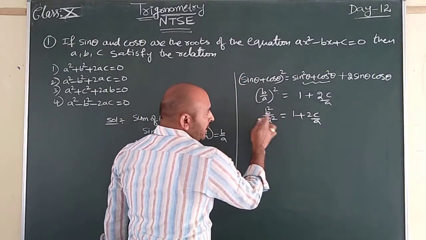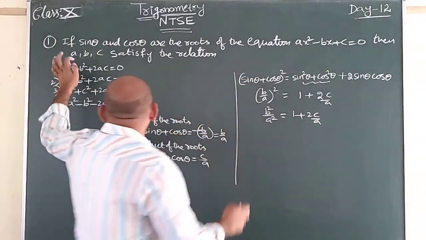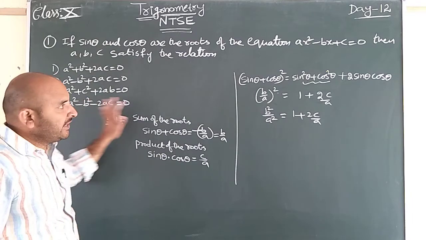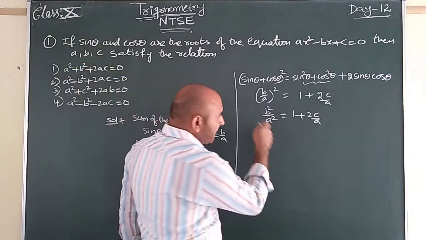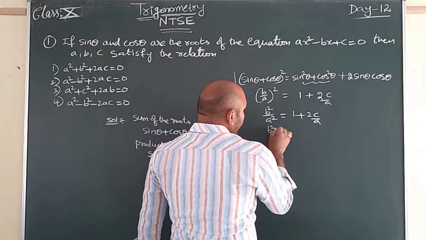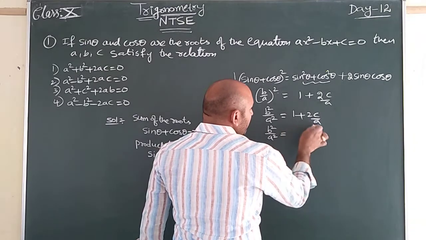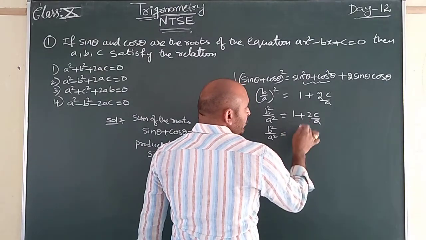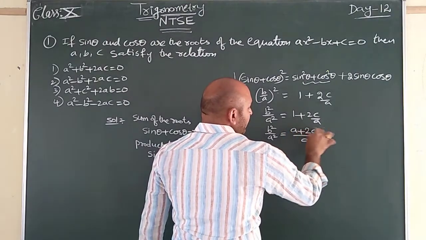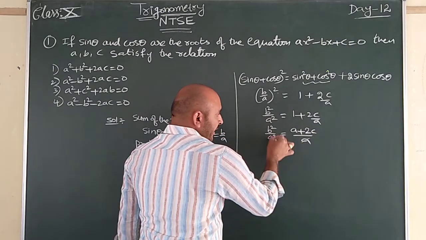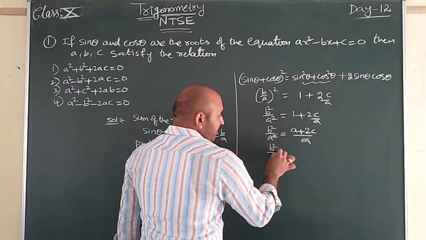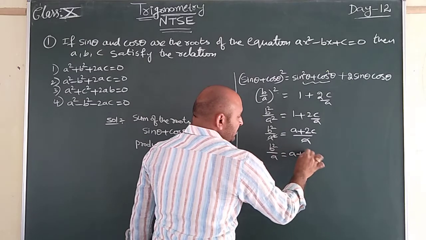I want only the condition: which condition satisfies the given relation? So simplify. b square by a square is equal to, taking LCM, a plus 2c by a. Now here an a cancels, so you get b square by a is equal to a plus 2c.